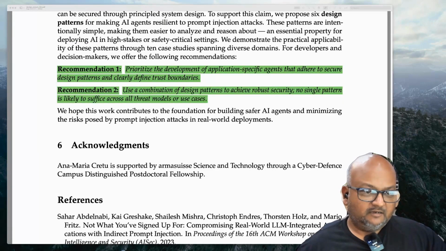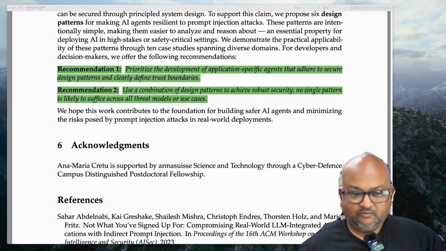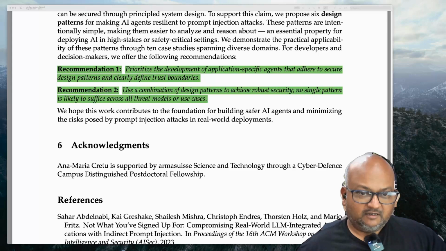The main takeaways then are to really look at application-specific agents rather than general-purpose unconstrained agents, and then use these well-articulated, well-understood design patterns to clearly secure these applications, these systems, against prompt injection attacks.